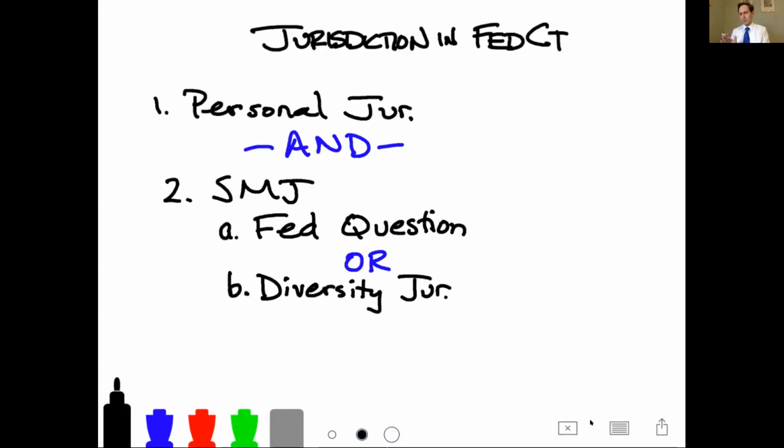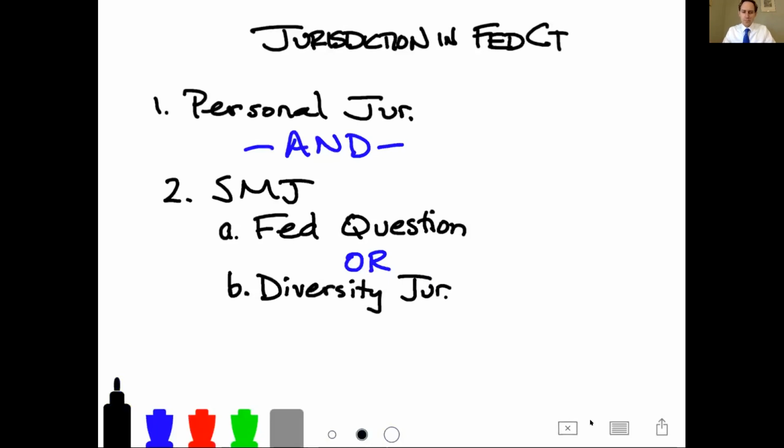Now here's where we have a couple different things you need to look at. Diversity jurisdiction typically means that the parties to the lawsuit are residents of different states. We look at whether the plaintiffs' place of residence is different than all the defendants'. If you have just 2 parties, and I'm just going to test you with 2 parties, you make sure that the plaintiff and the defendant are residents of different states.